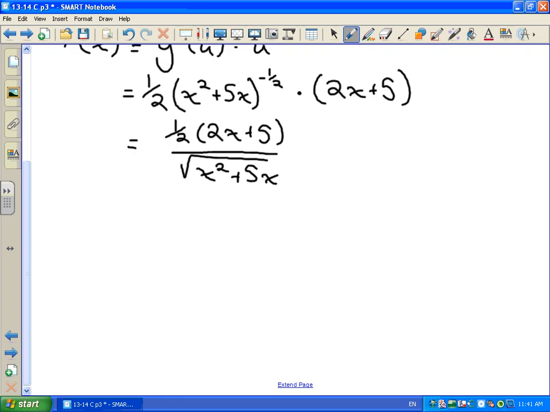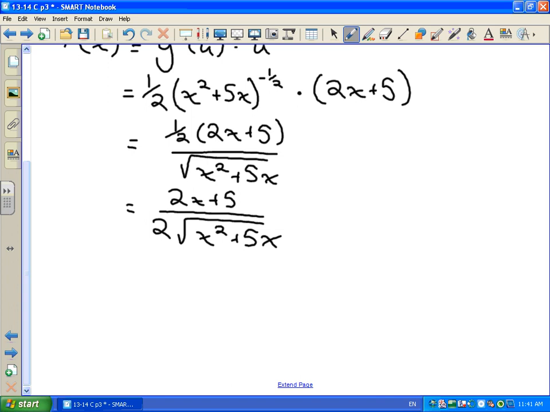And one last thing we can do is, because this is 1/2 up in our numerator, we can rewrite this as 2x plus 5, and we can bring the 2 down into the denominator. Because 1/2 is just dividing this thing in brackets here by 2, so we can just divide by 2 down to the bottom. And we get x squared plus 5x. Okay? And there's our derivative.